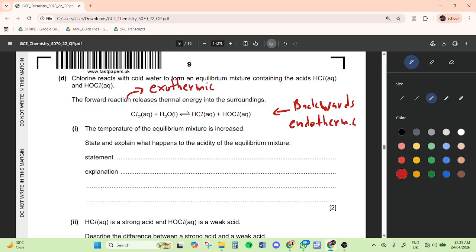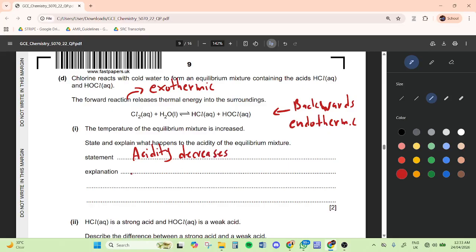Because the backward reaction is endothermic, if you're raising the temperature of the equilibrium, then the backward reaction is favored. If the backward reaction is favored, you're going to get less HCl produced. So as a result, your acidity decreases.